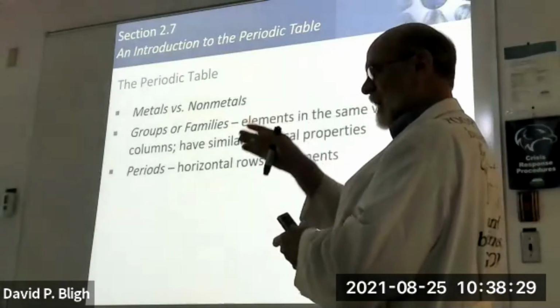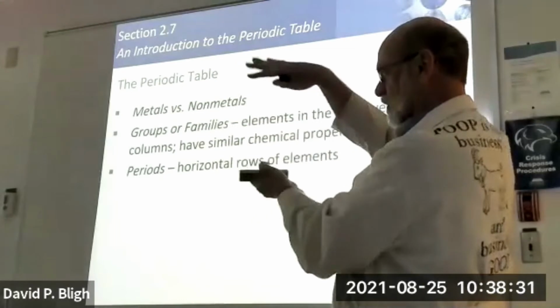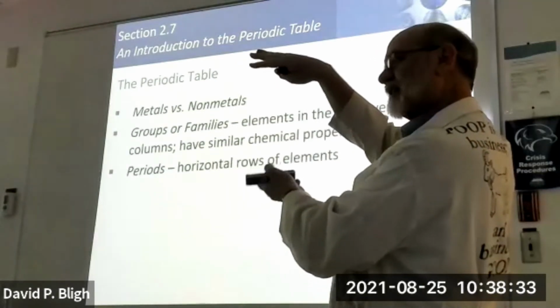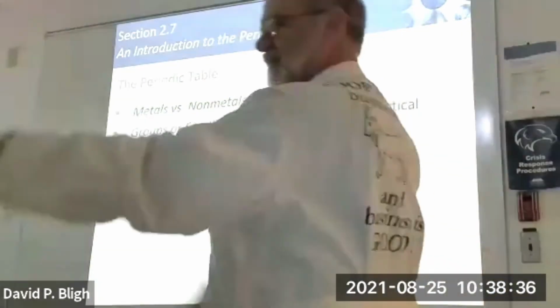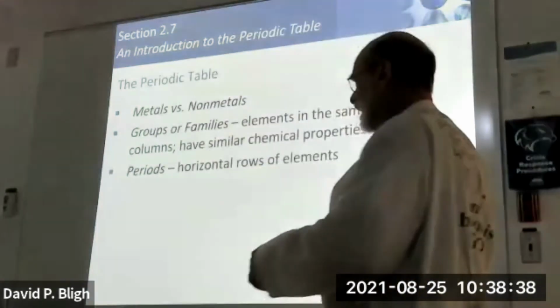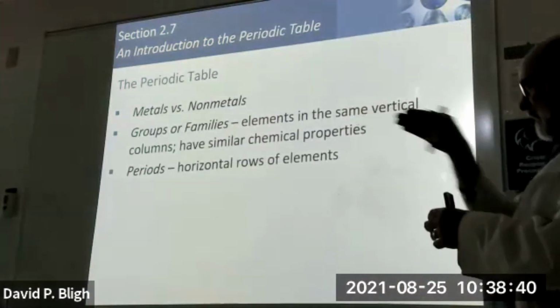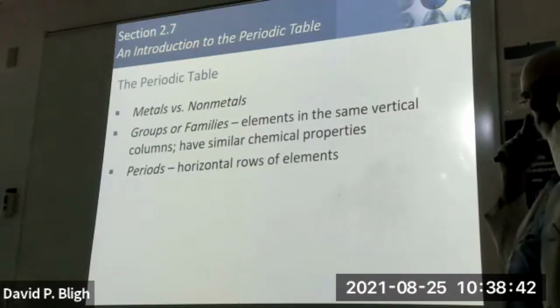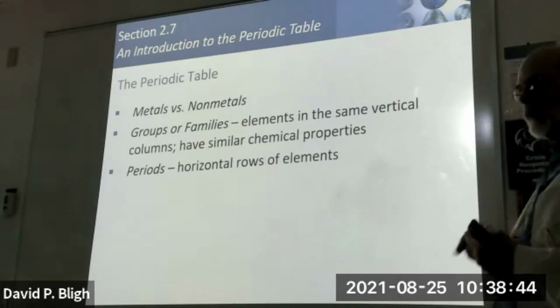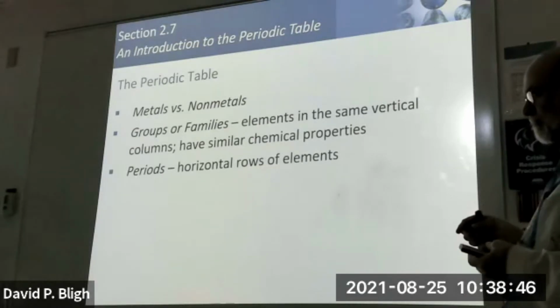And he put them in his table 90 degrees rotated the first time he published. The second time he published it, groups were vertical. And he put them in there based upon their chemical and physical characteristics.